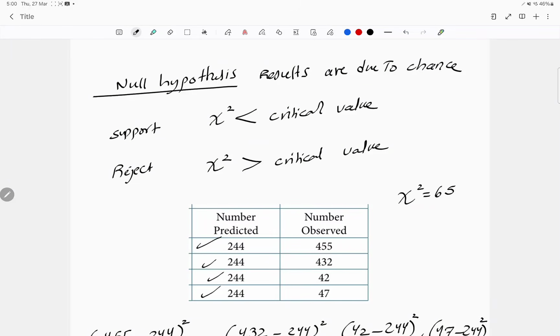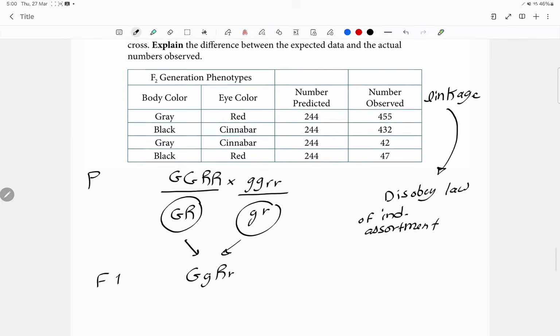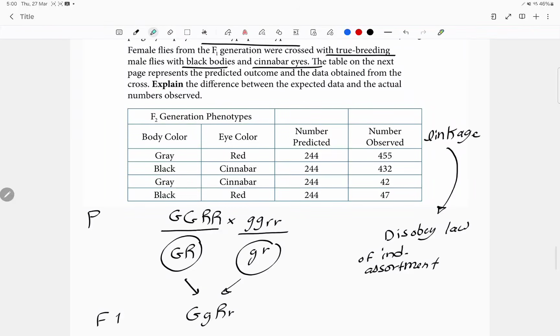The question is, what is my critical value to compare to? So, since I have 4 possible results, which is gray-red, black cinnabar, gray cinnabar, and black-red, okay, my degrees of freedom, which I will refer to as DF, is equal to how many possibilities I have minus 1, which is 3. So, let's see the critical value that corresponds to this 3 degrees of freedom.